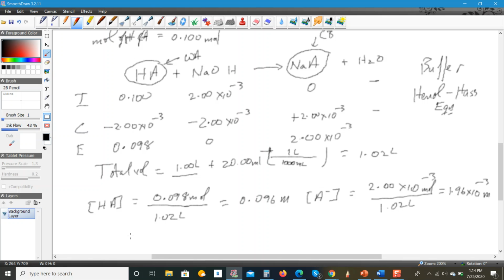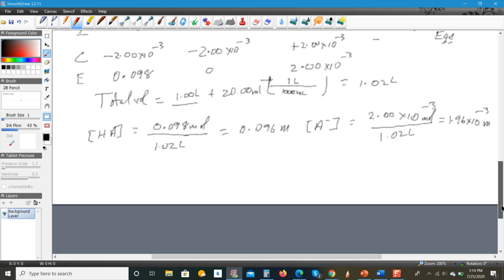All right, so basically all we have to do from here is plug these numbers into the Henderson-Hasselbalch equation. Let me just start here. So remember, the equation is pH is equal to pKa plus log of the concentration of A minus divided by concentration of HA. And then we put the numbers in.